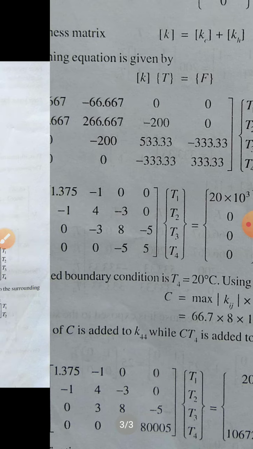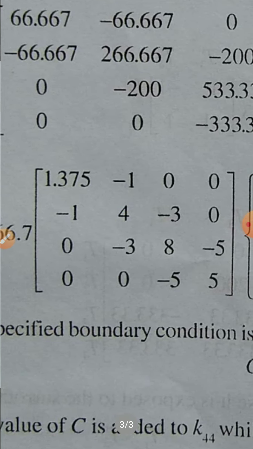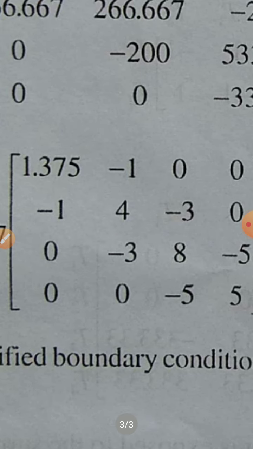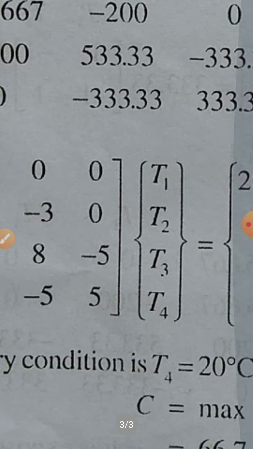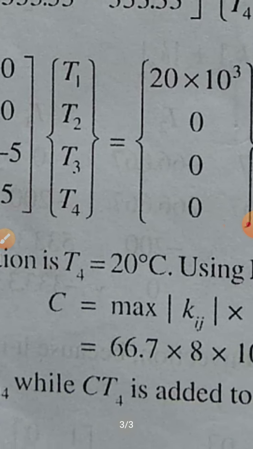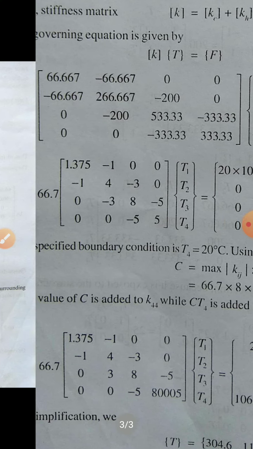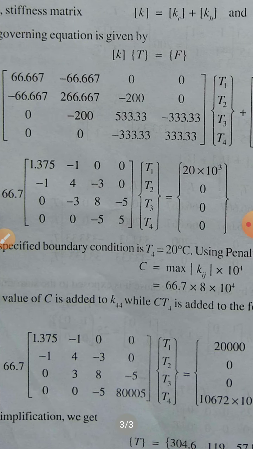The constant value outside is 66.7, and in the matrix the maximum value is 8, because the entries are 1.375, minus 1, 0, 0, minus 1, 4, minus 3, 0, 0, minus 3, 8. 8 is the biggest value.